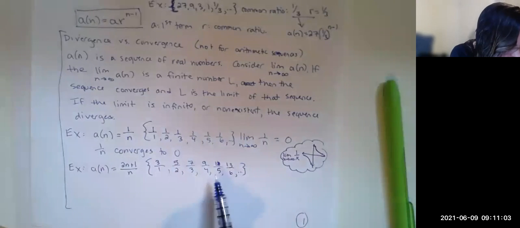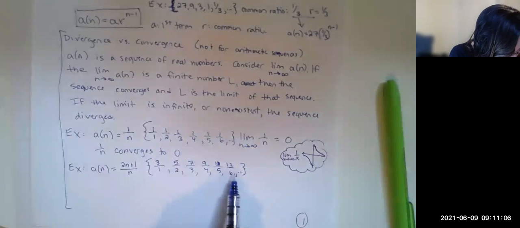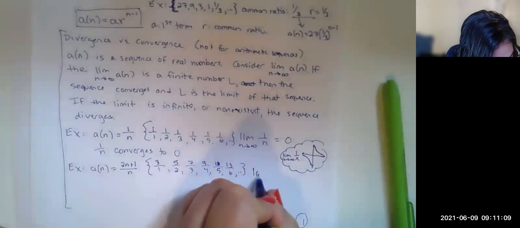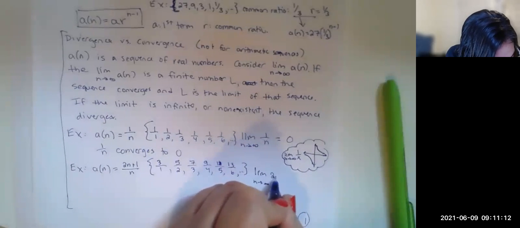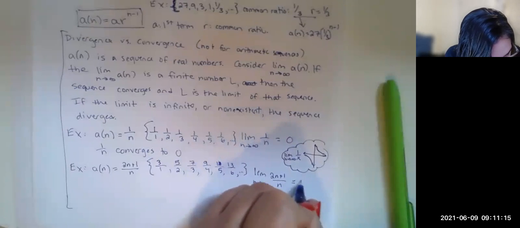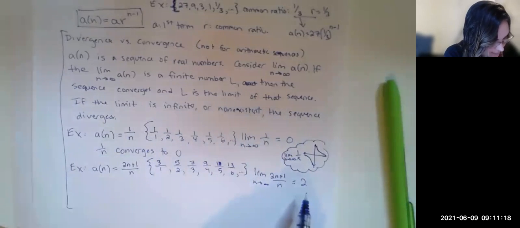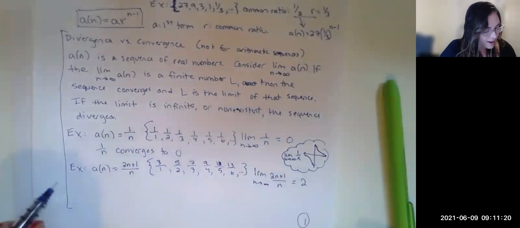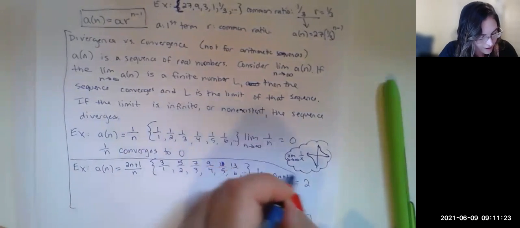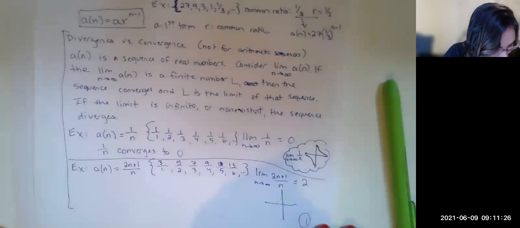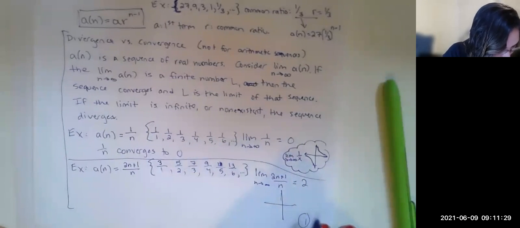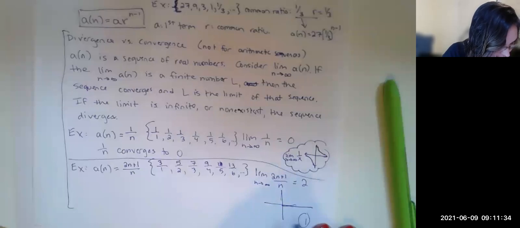So if you keep going, what is this getting closer and closer to? The limit as n approaches infinity of this sequence is actually going to be 2. And we can pop a little thought bubble out here to think about the graph and that idea again of horizontal asymptotes. I'm just going to graph this quadrant because we don't need to worry about the negative part of the domain. We just need to focus on the positive because we're starting at n equals 1 and going forward.